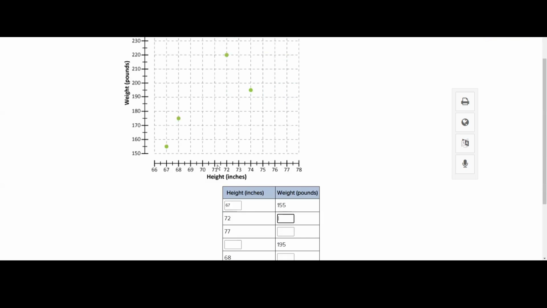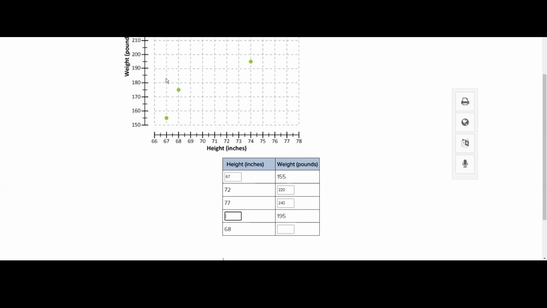It goes to 220 at the top here. Can you see it at the top? Yes. So 220 pounds. Then at 77, it goes to 240, okay, at the top. Is that clear?